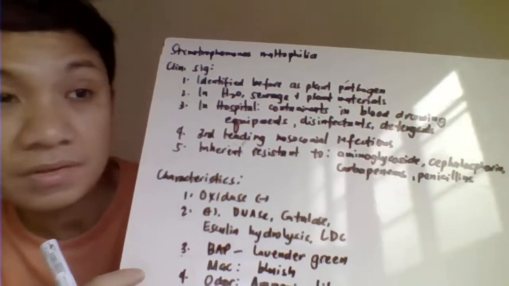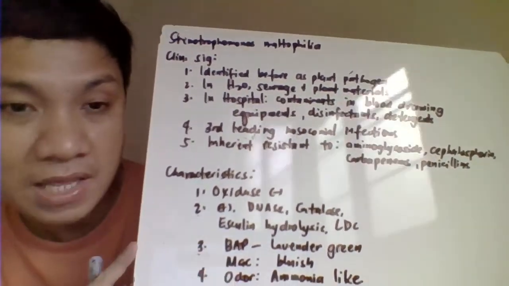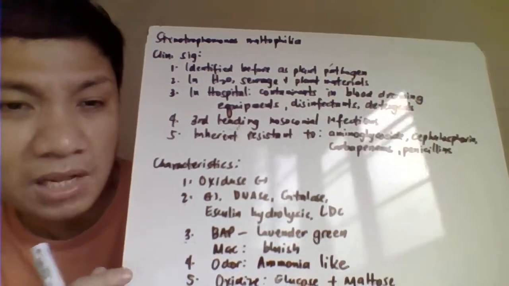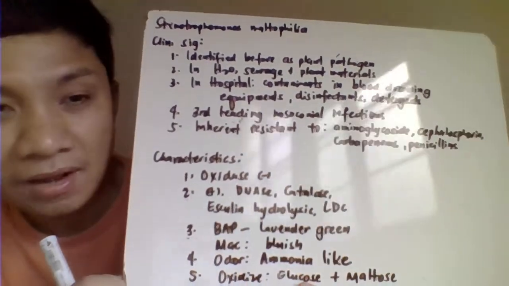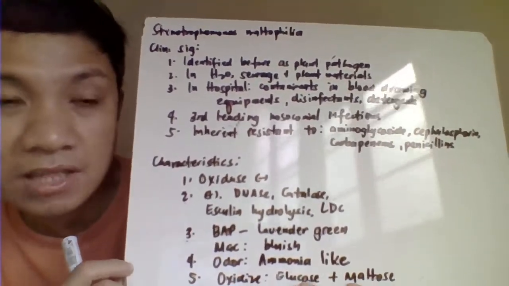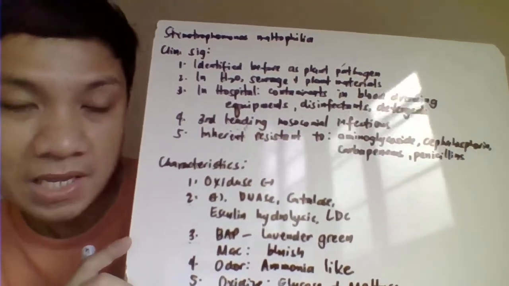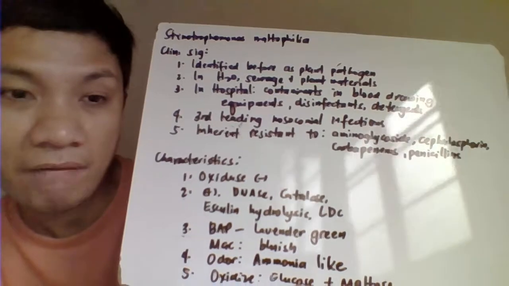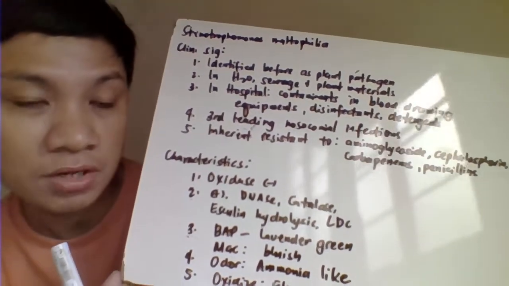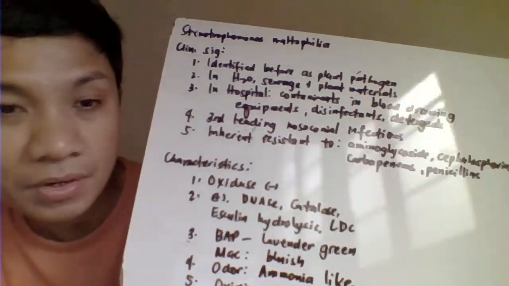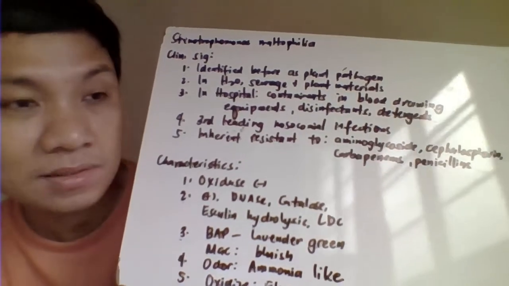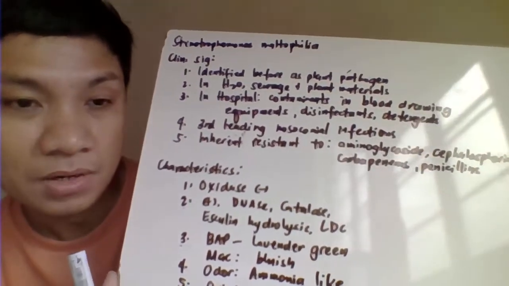So we have Stenotrophomonas maltophilia, from the word maltophilia, so maltose. Just like your Acinetobacter, it is also ubiquitous, found in a wide variety of environmental distribution: in water sources, in the sewage system, or even in plant materials.